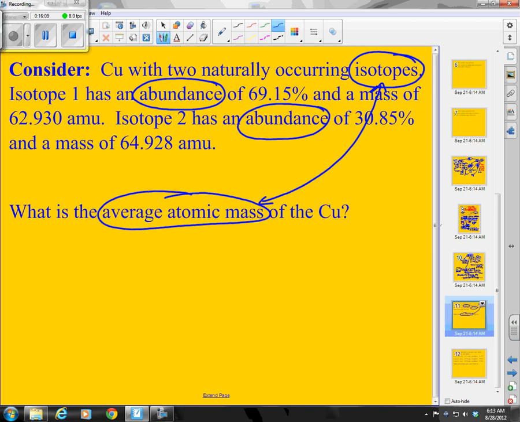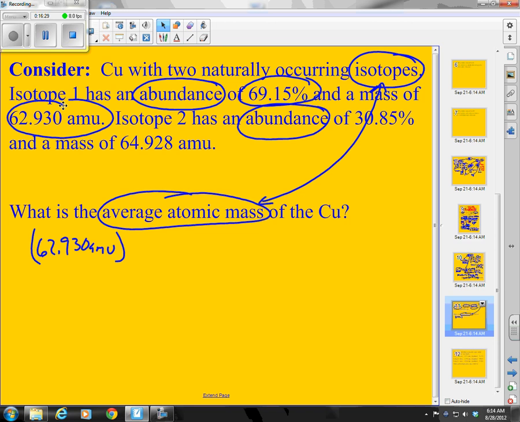We want to figure out my average atomic mass. So I want to take my mass 1, here's my mass 1, 62.930 AMU, times abundance 1, and I have to make this a decimal. So I move my decimal point 2 places to the left. There we go.